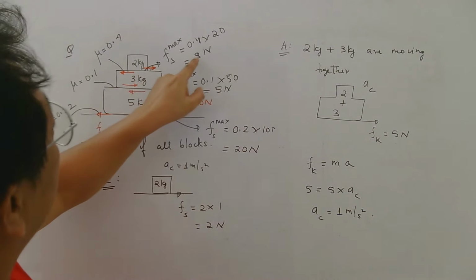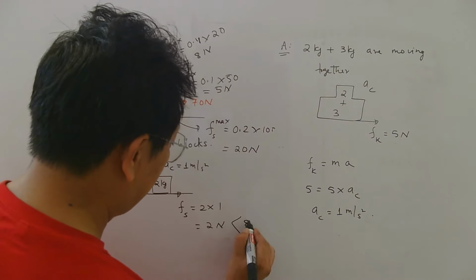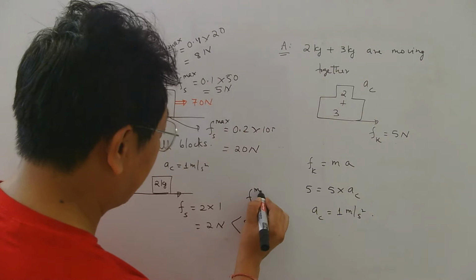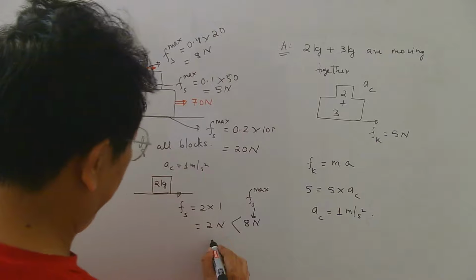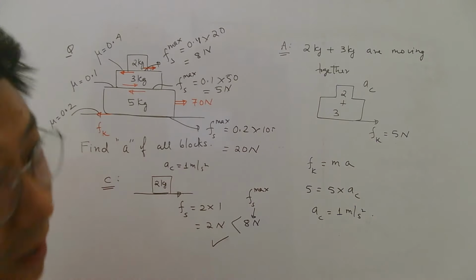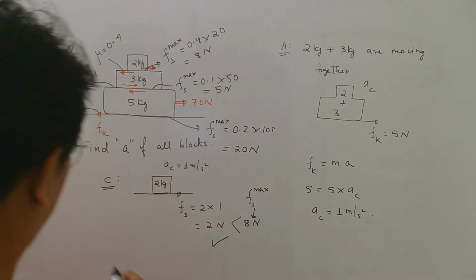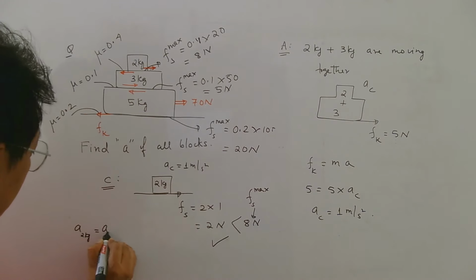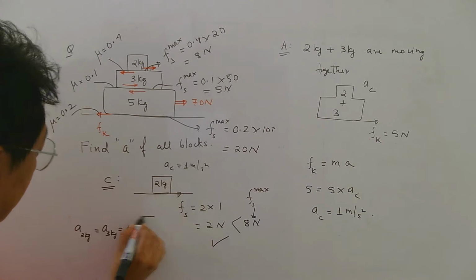Here maximum static friction can go up to 8 Newton. So this is less than 8 Newton, or I should say less than the maximum static friction at this surface. And this is possible. Right? That means 2 kg and 3 kg are moving together. So the acceleration of 2 kg and 3 kg both are 1 meter per second square.